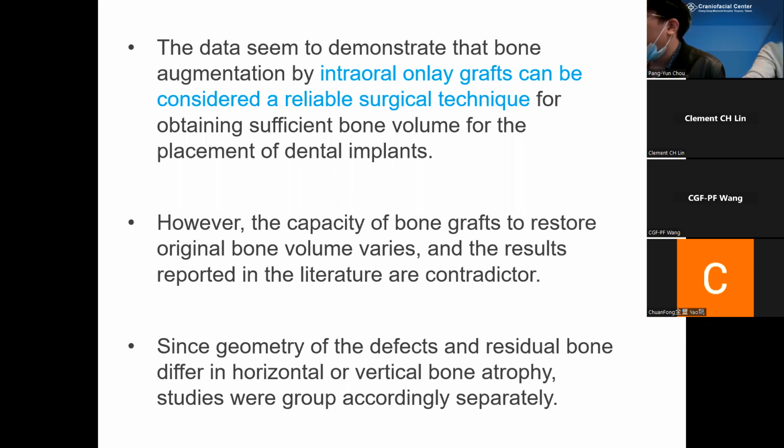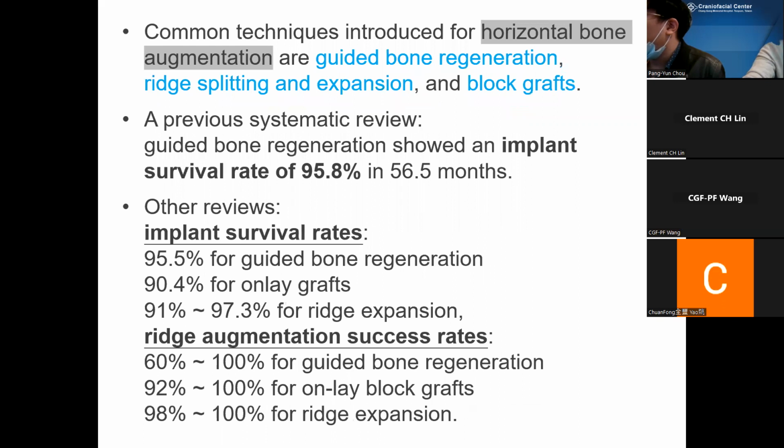Since the geometry of the defects and the residual bone differ in horizontal or vertical bone atrophy, the studies were grouped separately accordingly. And according to other reviews, ridge expansion seems to have the highest implant survival and success rate of the ridge augmentation.